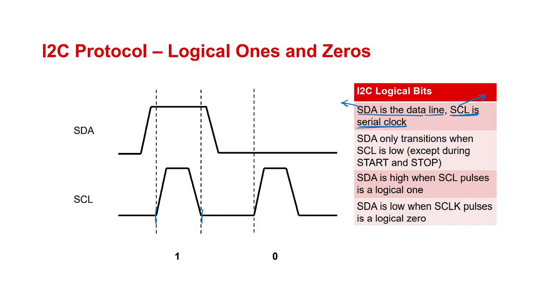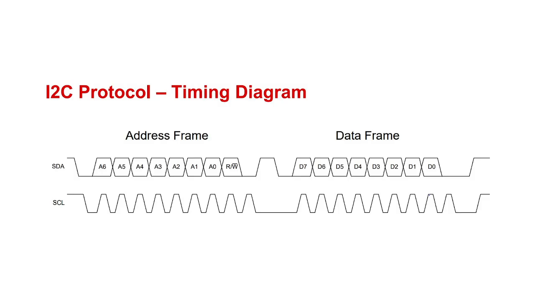During this state only, SDA will transmit the data. When SDA is high, then the SCL pulse is logic 1. So this is the timing diagram for the I2C protocol.